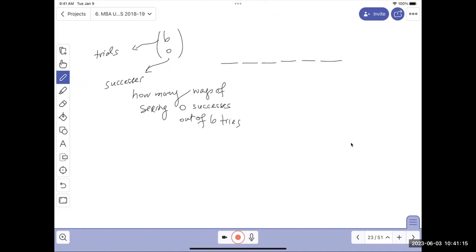You're going to attempt something 6 times and you want to see no successes. So how many ways are there of seeing no successes? In other words, all of these are failures. How many different arrangements of the F's can there be?